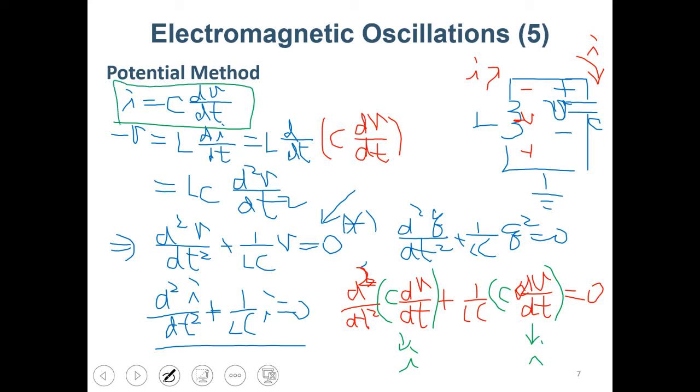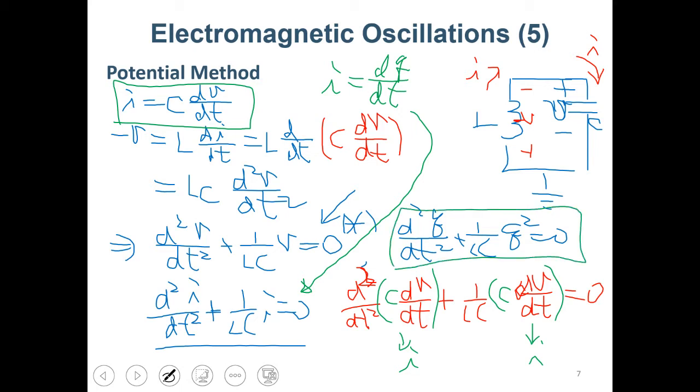So I also satisfies this one, and as long as we know that I equals dq dt, if we substitute this one, we only need to take one more derivative of this equation, and then it will become this one.